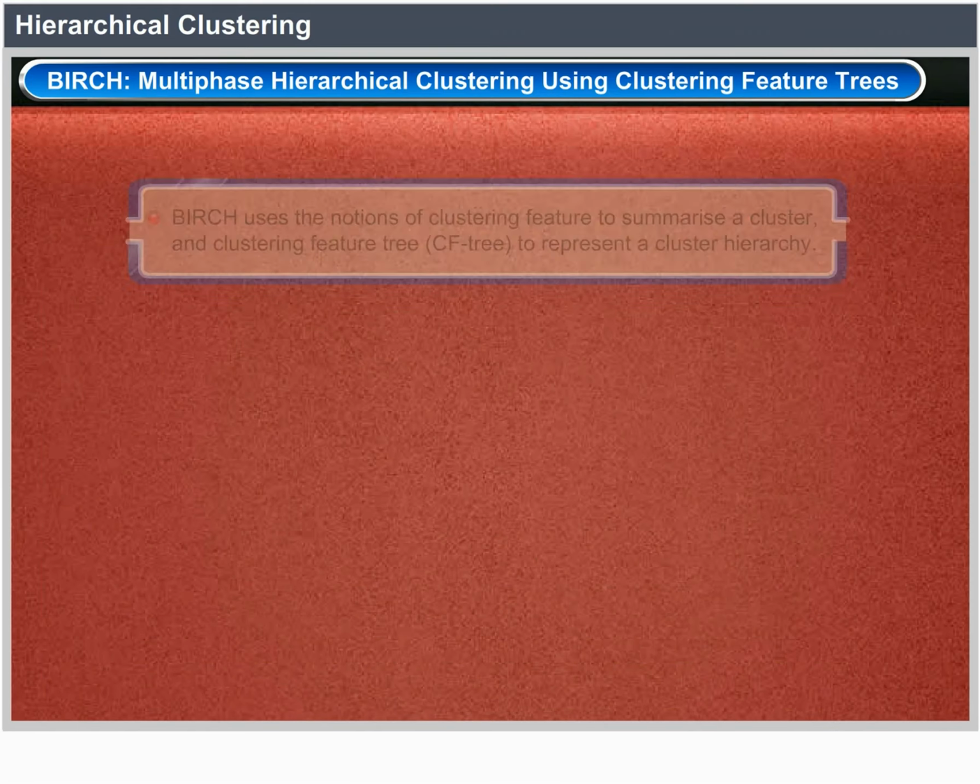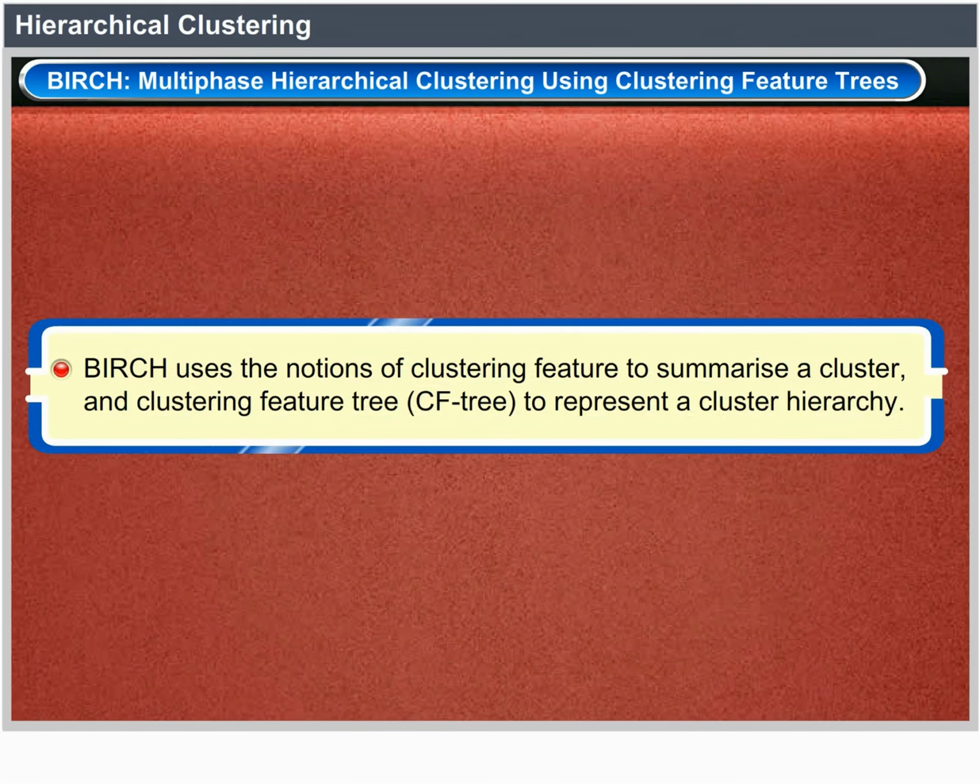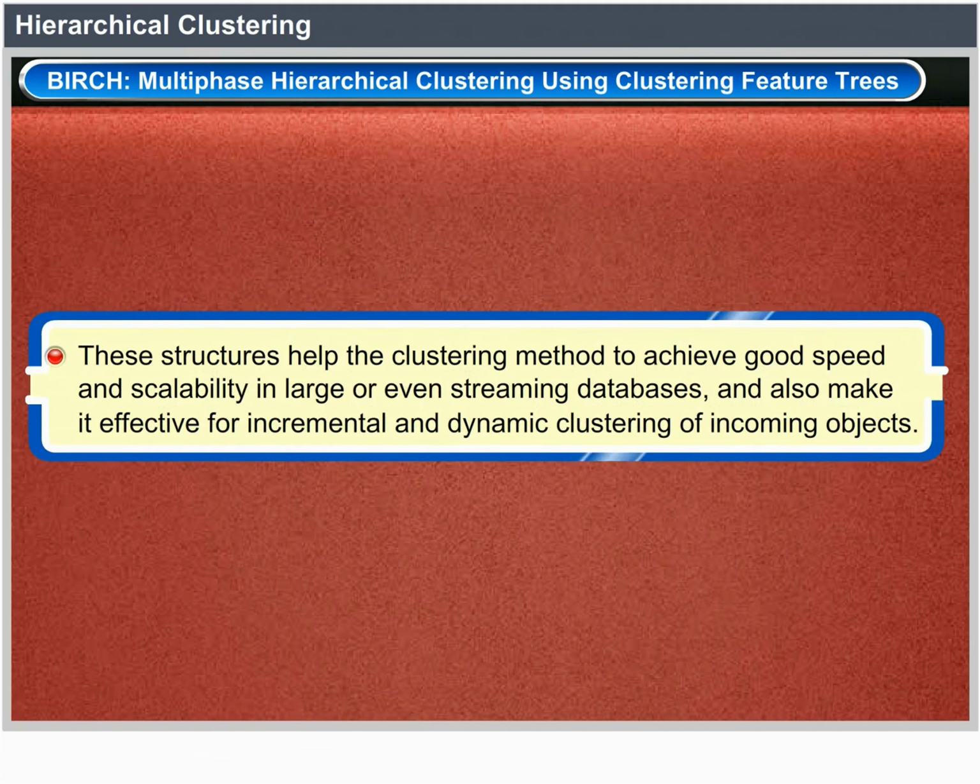BIRCH uses the notions of clustering feature to summarize a cluster and clustering feature tree, CF tree, to represent a cluster hierarchy. These structures help the clustering method achieve speed and scalability in large or even streaming databases and also make it effective for incremental and dynamic clustering of incoming objects.